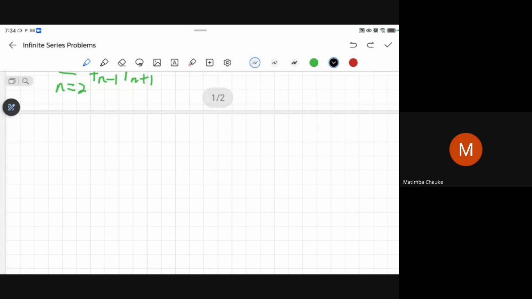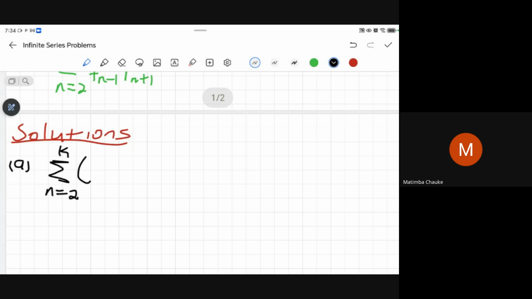It's A. This question is the summation from n equals 2 up until k of 2 over n squared minus n.